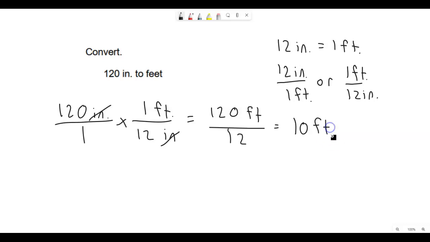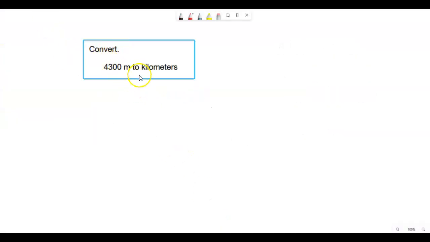All right. Let's go take a look at another example here. For this next one, I want to convert 4,300 meters to kilometers.